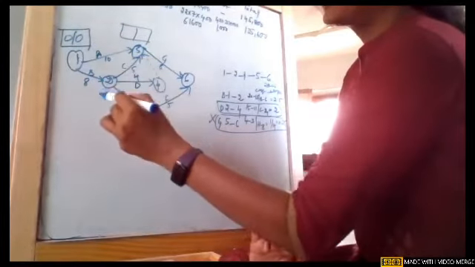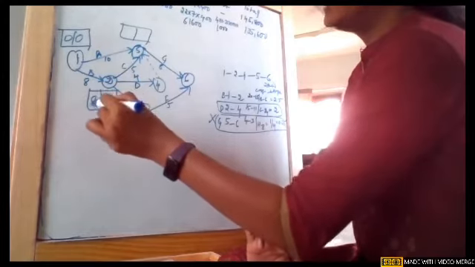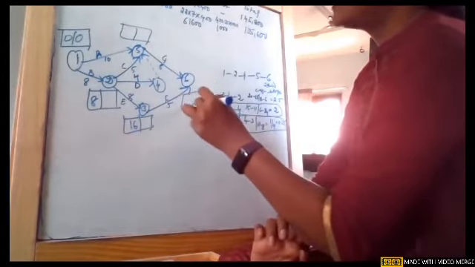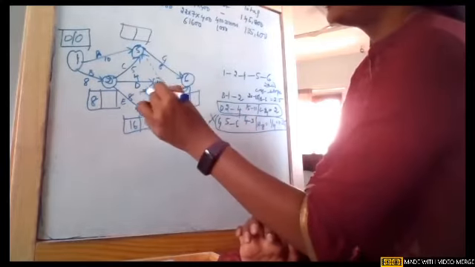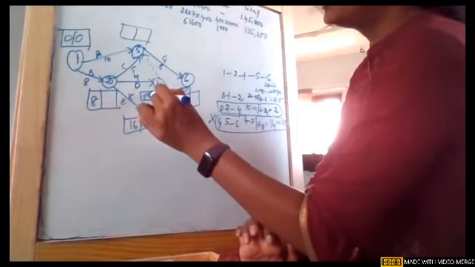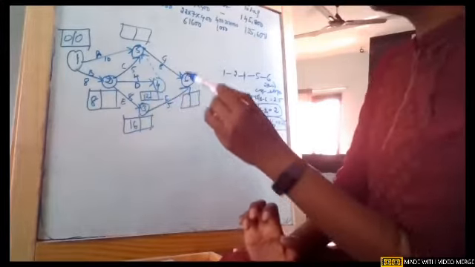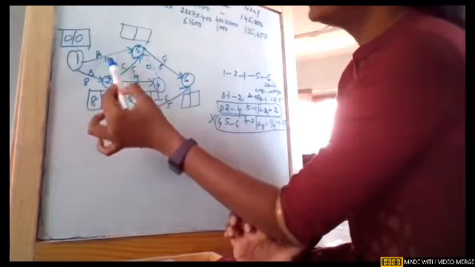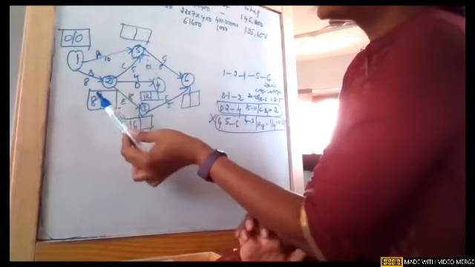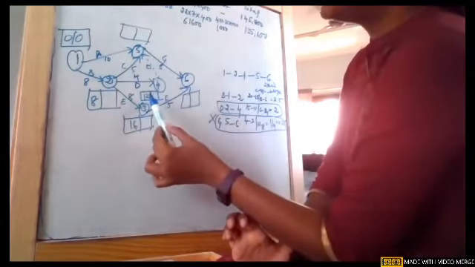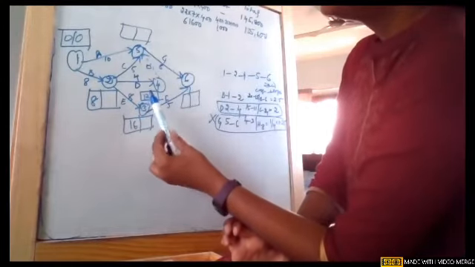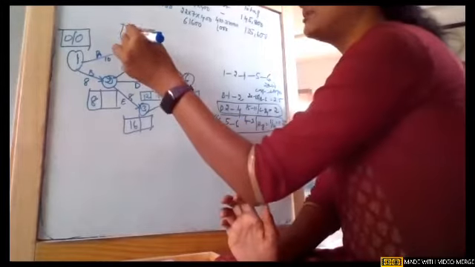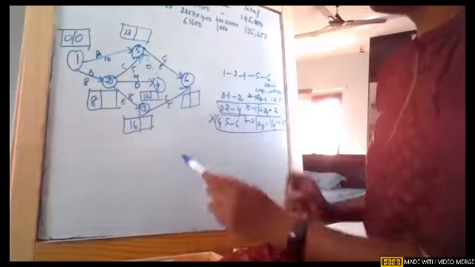Node 4, it is 8 plus 4, 12, and this is 0. So see node 5, one is giving 0 plus 10, 10. The other one is giving 8 plus 5, 13. One more is giving 12 plus 0, which is 12. So obviously the maximum value is 13.